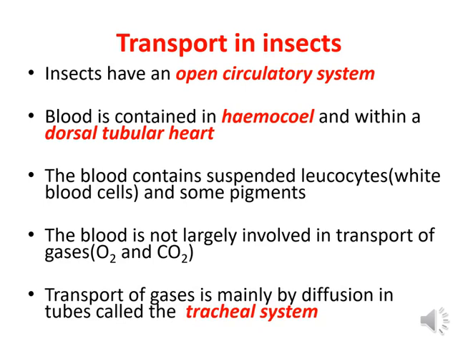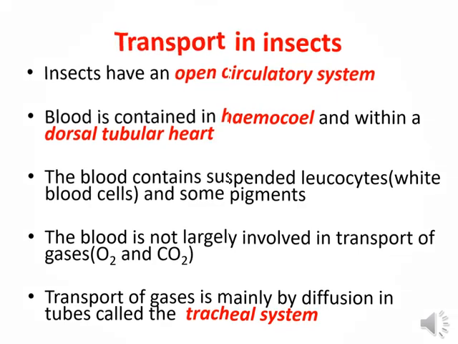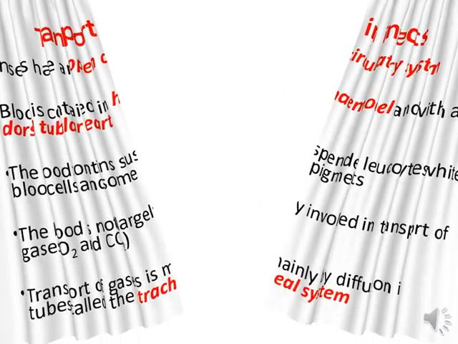So transport of gases is mainly by diffusion in tubes called the tracheal system. We have a whole discussion on gaseous exchange that we will look at in a different chapter, and you'll be able to understand more about the tracheal system. All right.